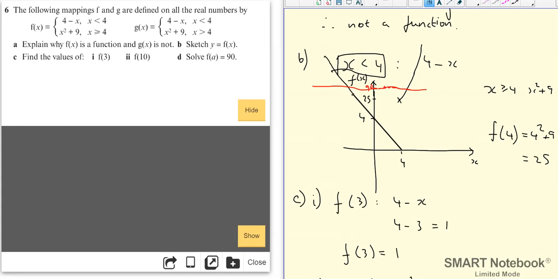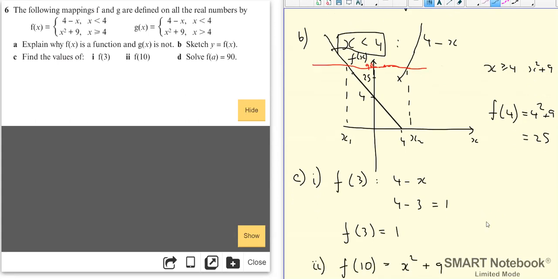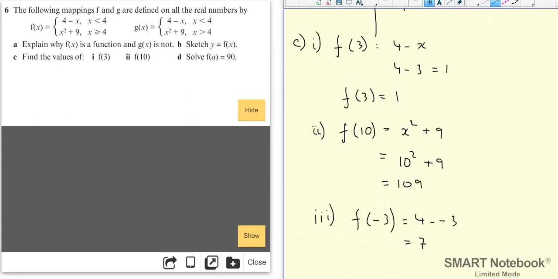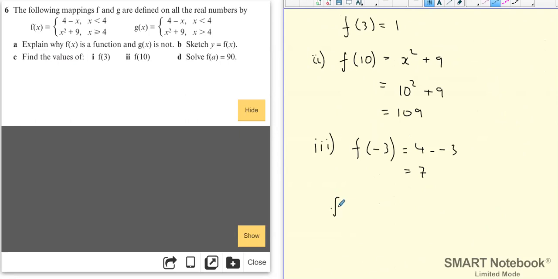How many solutions are there to f of a equals 90? Let's see, you can see that there are 2 intersections. There's x1, there's x2. Right, so now how are we going to solve that? It says f of a equals 90.